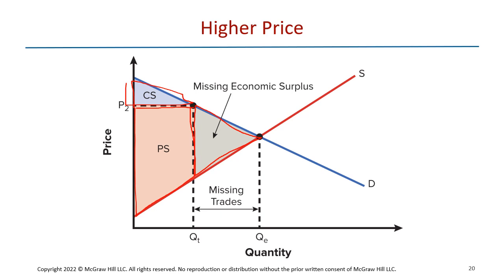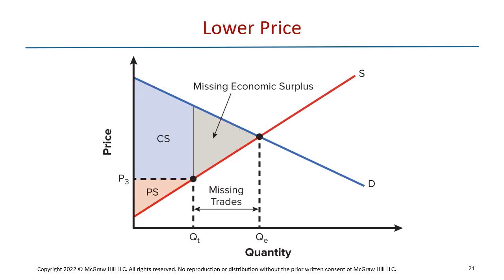This is what happens when the prices begin to rise. It takes away mostly from the consumer surplus, but this gray triangle also takes away from producer surplus. But the producers are definitely still better off.